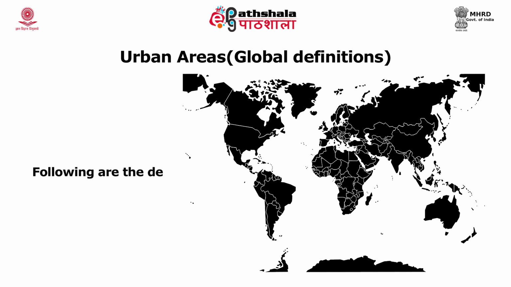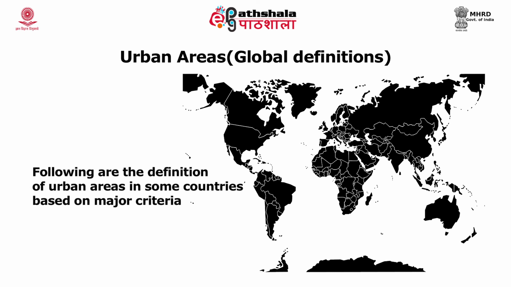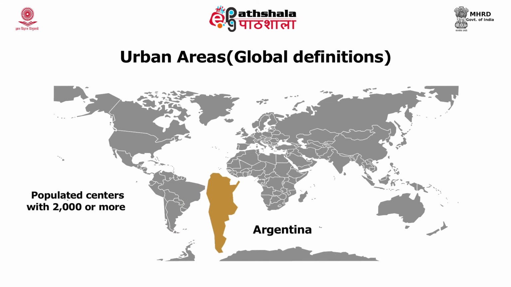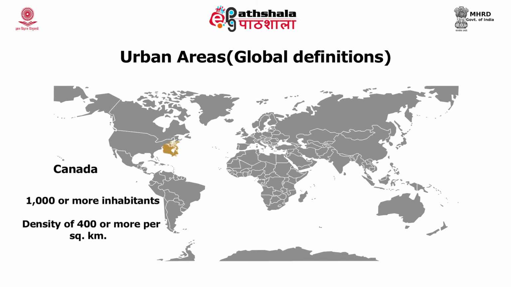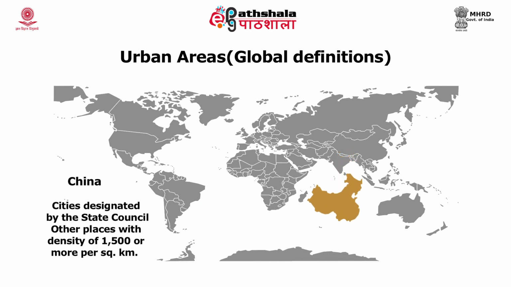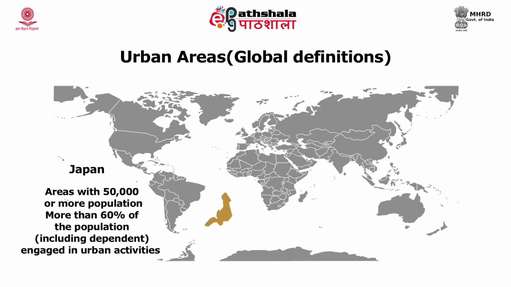Now if we go country by country, we find that Argentina has talked about population. Canada has talked about population as well as density. China has talked about population as well as density. Japan has talked about population and the economic function, that means what percentage of people are engaged in urban activities.